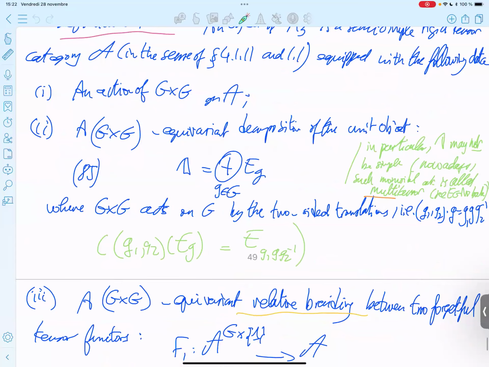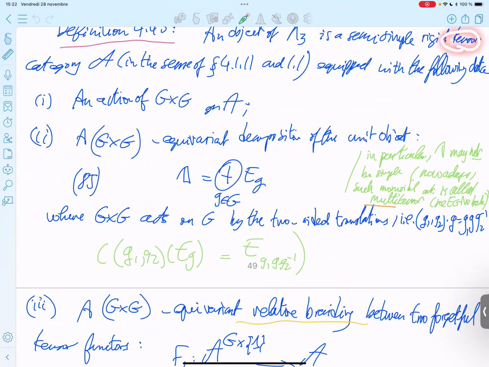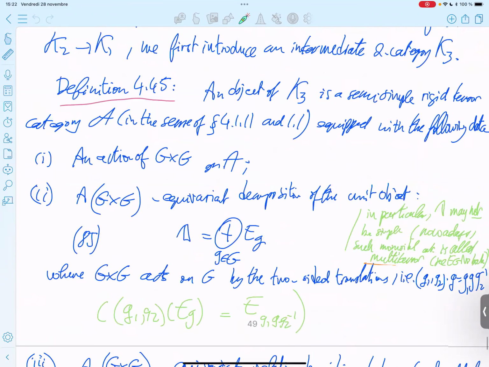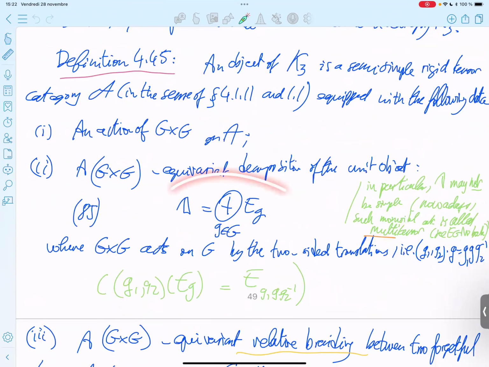So remember that you have to be careful, the notation in this paper does not align with modern notation, because this kind of tensor category is in fact a multi-tensor category, because the unit object is not simple.